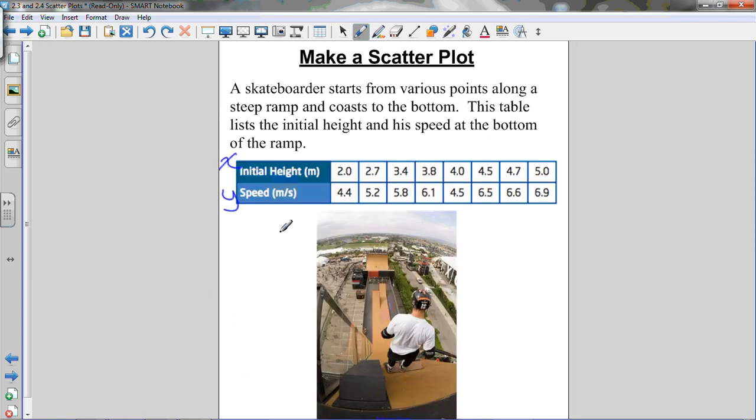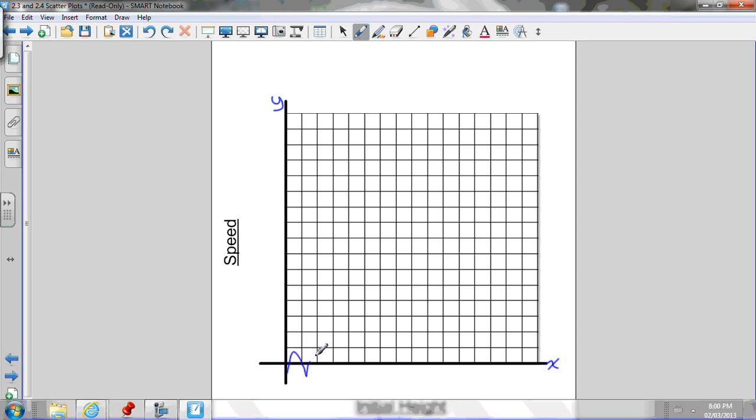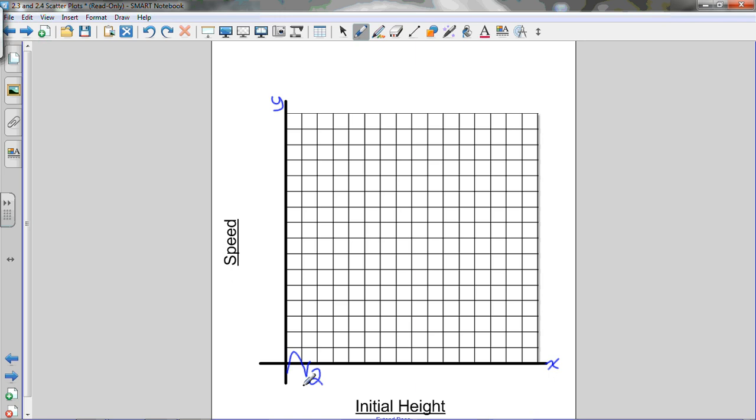So let's look at our data. The initial height, the lowest he starts is at 2, and the highest he starts is at 5. So I need my scale to go between 2 and 5. He doesn't start anywhere between 0 and 2, so I'm going to put a break in my graph, and use this little squiggly there to show a break. And I'm going to start the data at 2, and then I need it to go to 5.